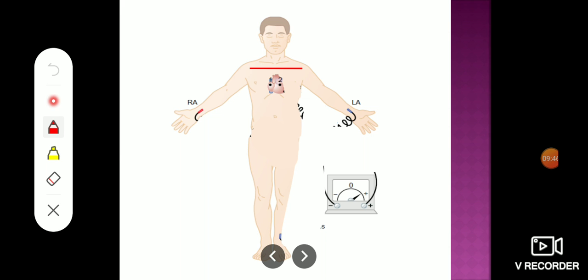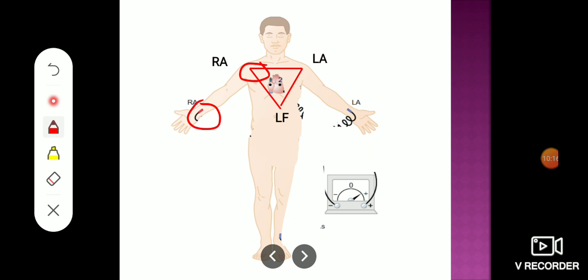Now the limb leads we make by a combination of right arm, left arm and left leg. So we draw just a triangle across the heart. This indicates right arm, left arm and left foot. If you keep the electrode here or here, basically the machine will amplify the potentials picked up from the heart.